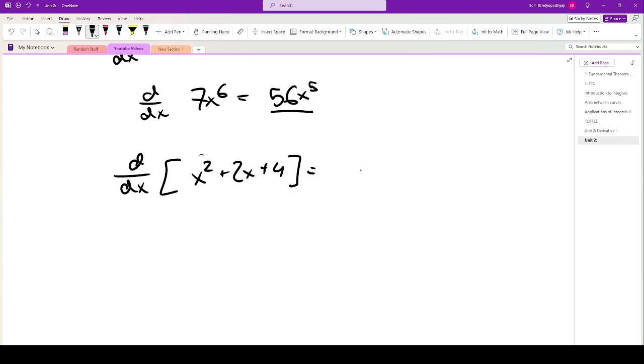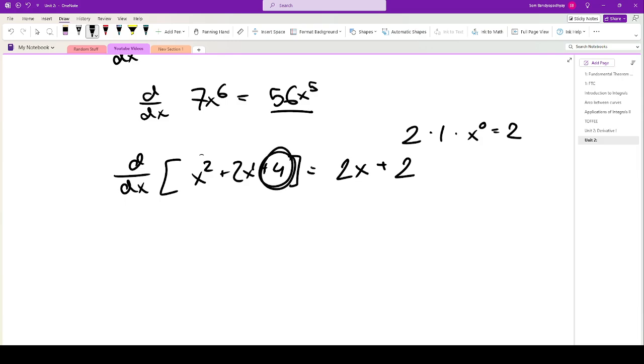The derivative of x squared is 2x. The derivative of 2x now is going to be 2 times 1, right? Because 2x to the 1. So 2 times 1 times x to the 1 minus 1, which is 0. So this is just going to be 2, right?